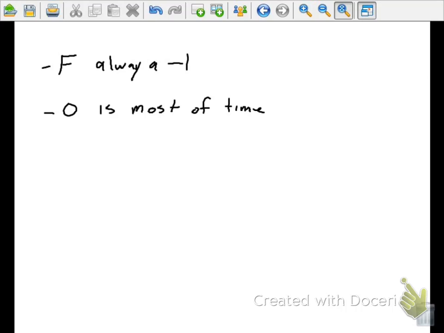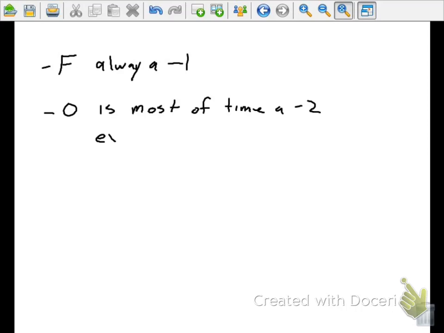A few more rules, and I'll put them down, but they're so easy to remember, but I'll still put them down. Fluorine's always a -1. Always a -1, because it has the highest electronegativity of anything. Okay? Oxygen is most of the time a -2.